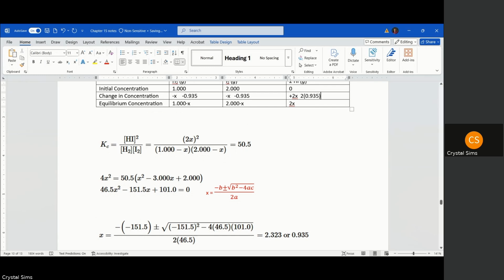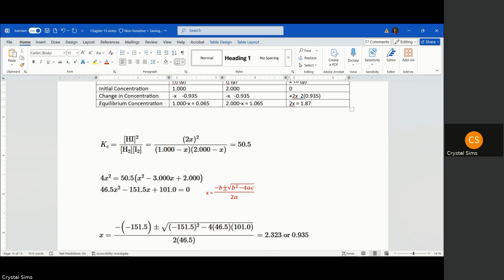When I subtract out my x value of 0.935, let me do that math here, I have 0.065, and over here I'm going to have 1.065, and here where I'm going to have 2 times x, that's going to give me 1.87.